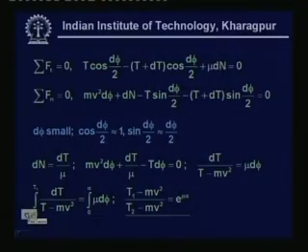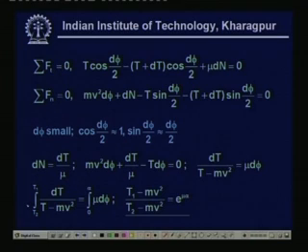Once again, we are just repeating the equations we have written in the earlier slide. Here we have an assumption that d phi is small. So, we know from the geometry that cos d phi by 2 can be approximated as 1 and sin d phi by 2 can be approximated as d phi by 2.